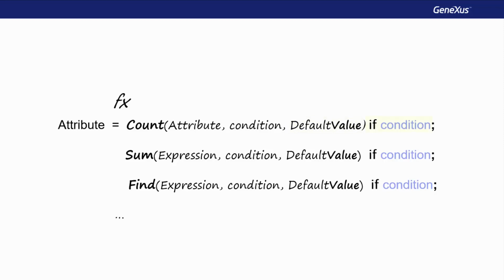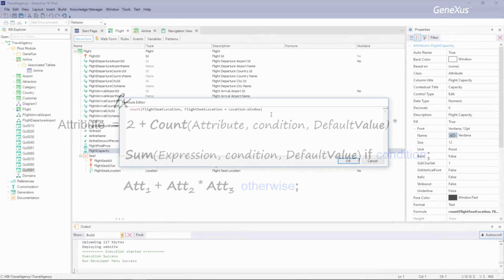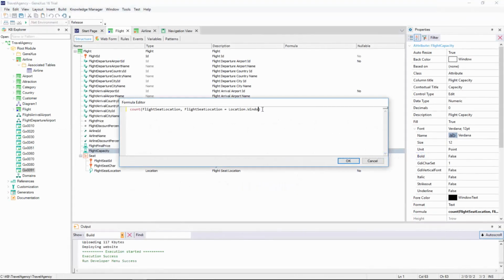Just like horizontal formulas, aggregate formulas can be stated with conditions. Also, horizontal formulas can be combined with aggregate formulas, providing a high degree of expressiveness in calculations. But we won't talk about that in this course.